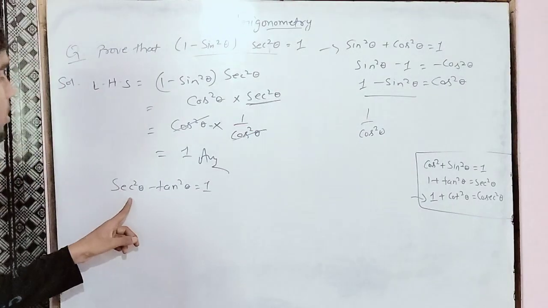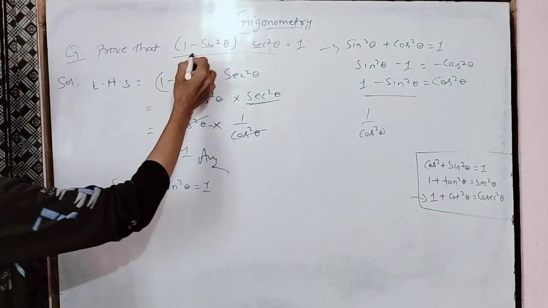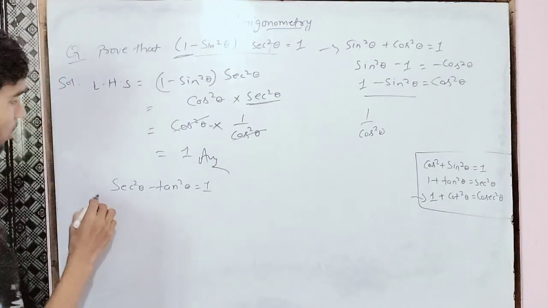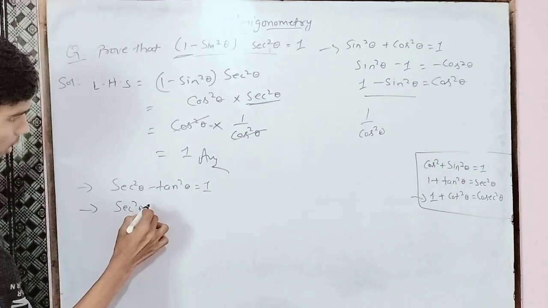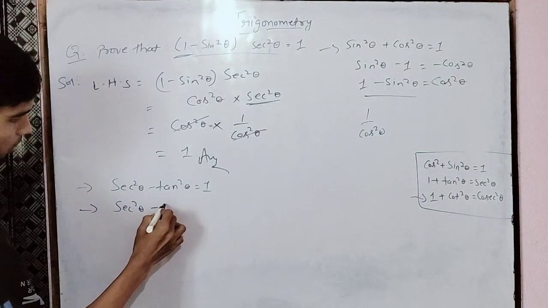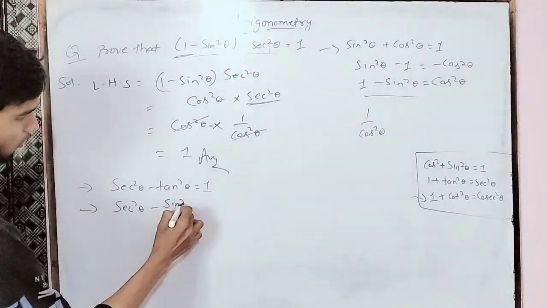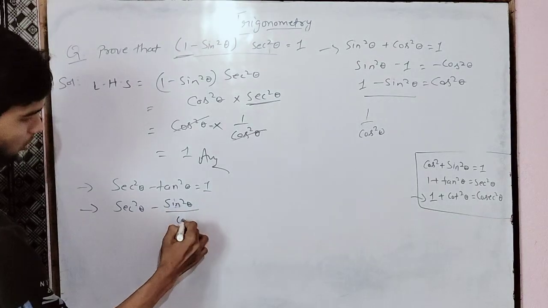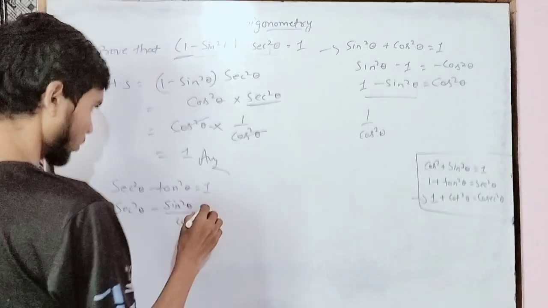So to bring this much, we can use one thing: tan square theta, it is what? Sin square theta upon cos square theta. Clear? No problem.